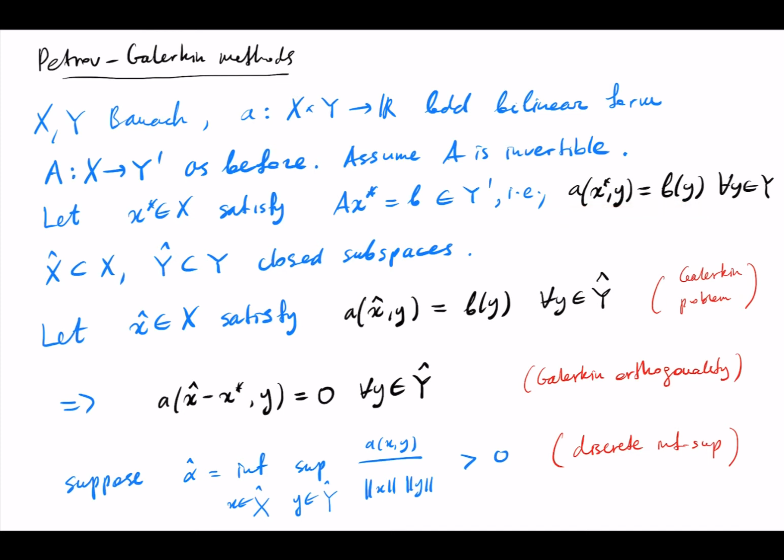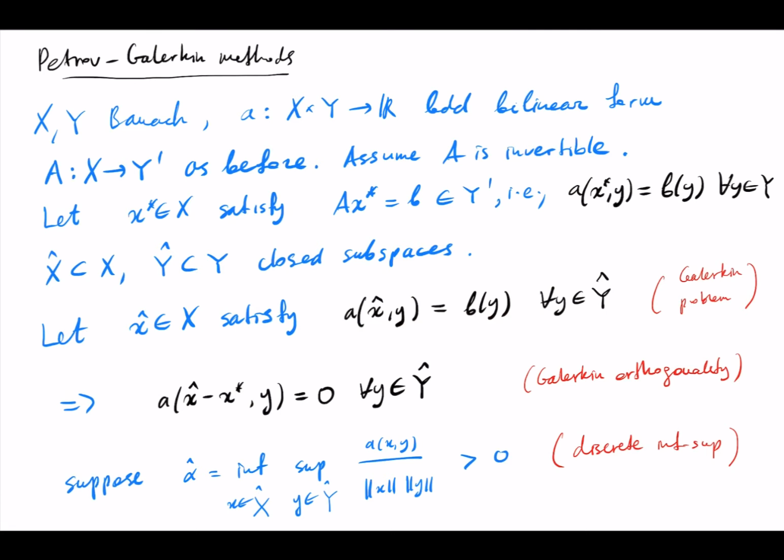Then we look at closed subspaces, a subspace X hat of X and a closed subspace Y hat of Y. And we simply restrict this variational form to the subspaces X hat and Y hat.